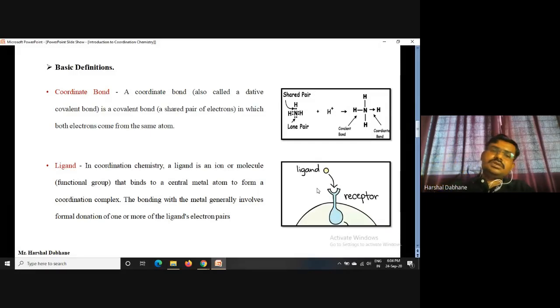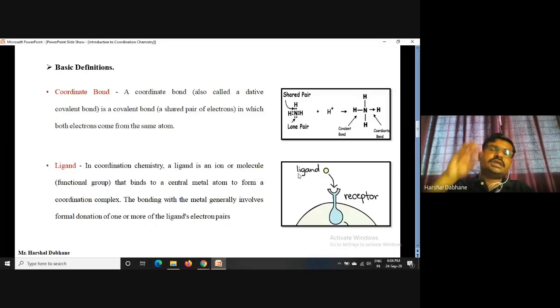This picture shows the concept regarding this. This is the receptor, the metal, which has an empty orbital, and this is the ligand, which has an electron pair.